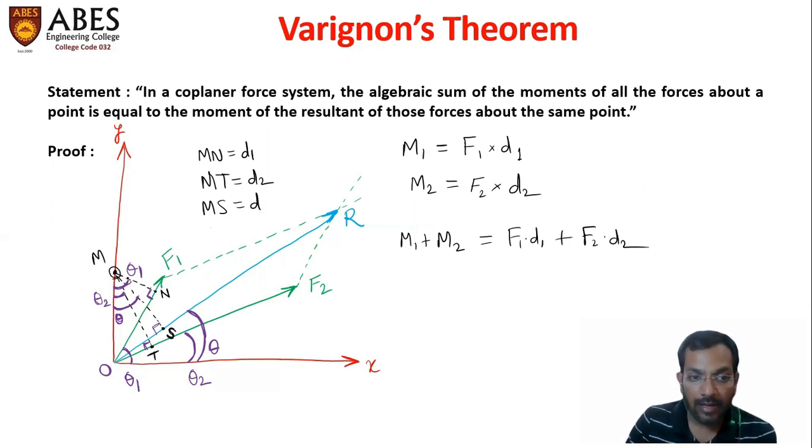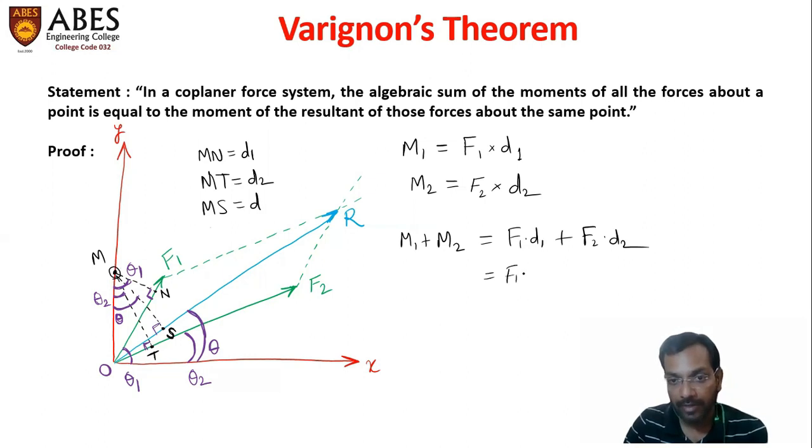Therefore, we can write MN in terms of MO because MO becomes the hypotenuse of this triangle. This becomes the resolved part of this hypotenuse with the angle, therefore this becomes cos theta. So we can write D1 as MO cos theta 1.